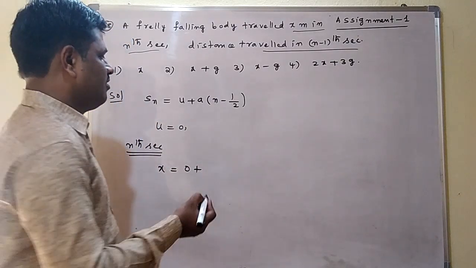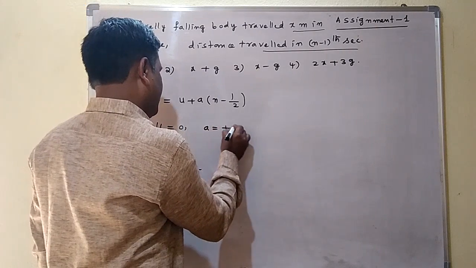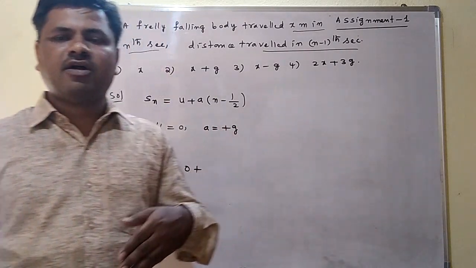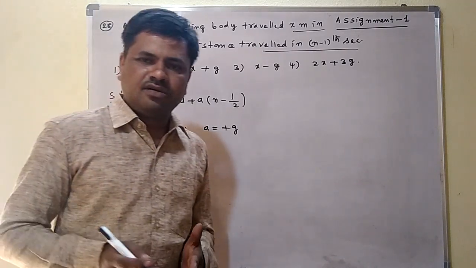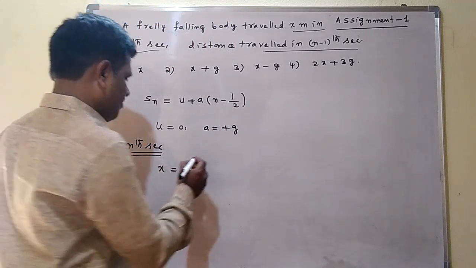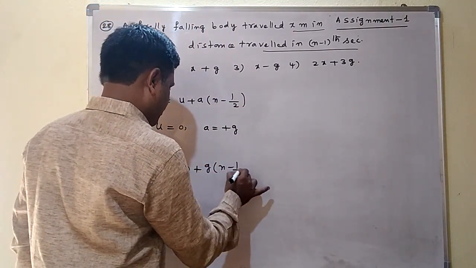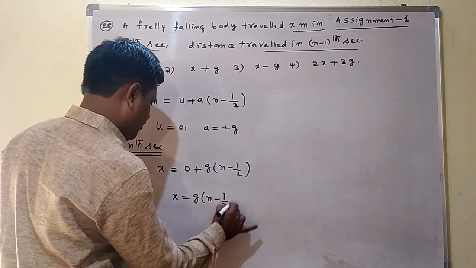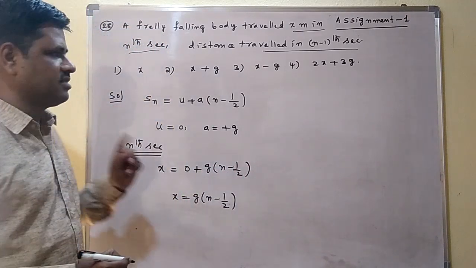Freely falling means a is equal to plus g, as I already discussed in the previous question. Why take plus g? Because the body is falling towards earth, and acceleration due to gravity and the body are in the same direction. So a equal to plus g, g into (n minus 1/2). So x is equal to g into (n minus 1/2). This is the distance traveled in the nth second.